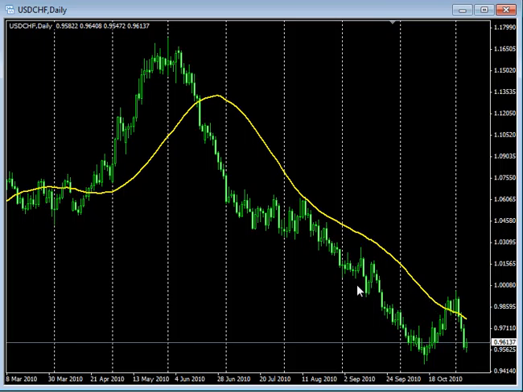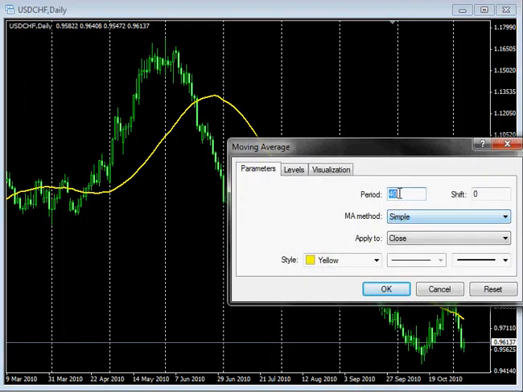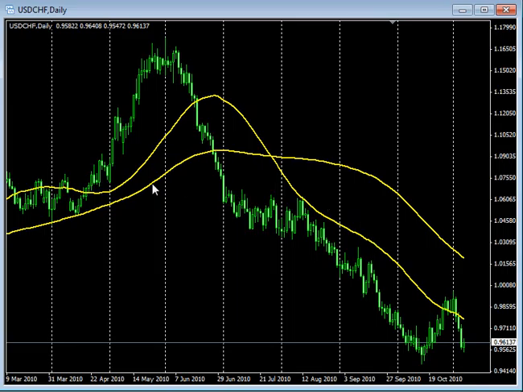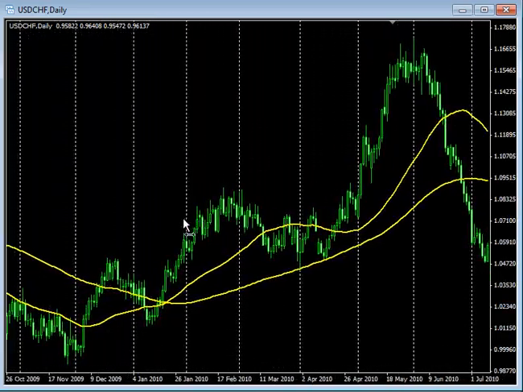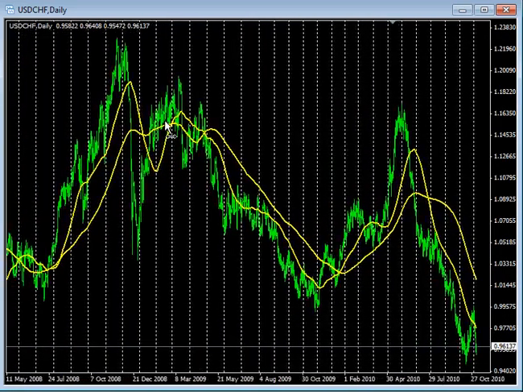Now another way of properly utilising a moving average is to maybe add another one. So we have the 40 on the charts at the moment. If we just add maybe a 100 simple moving average to the close, we can now see that that line is a lot flatter, maybe not as volatile as say the 40, but this 100 SMA will give us a lot clearer indication of how well the price is trending at this moment in time.